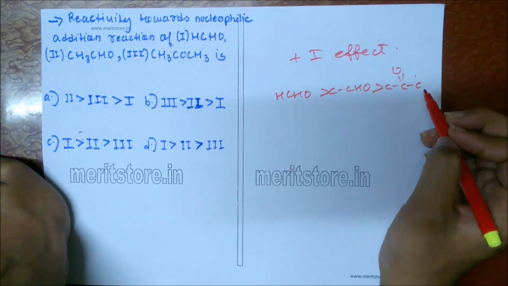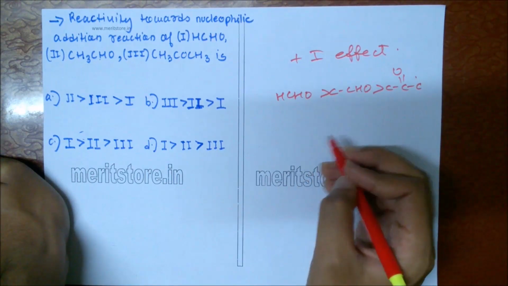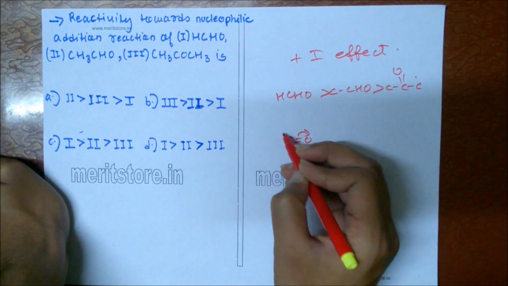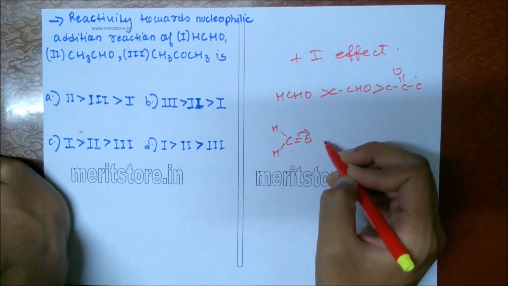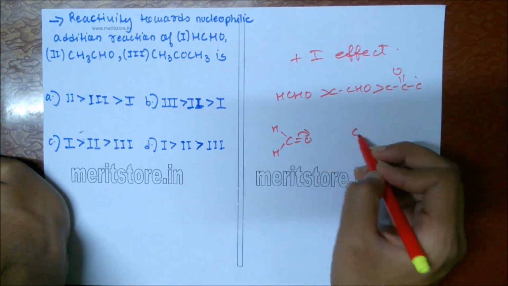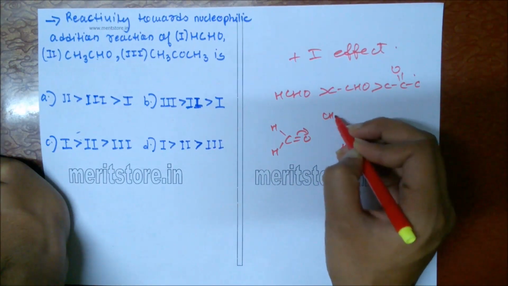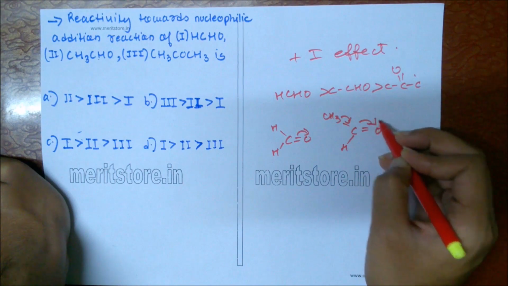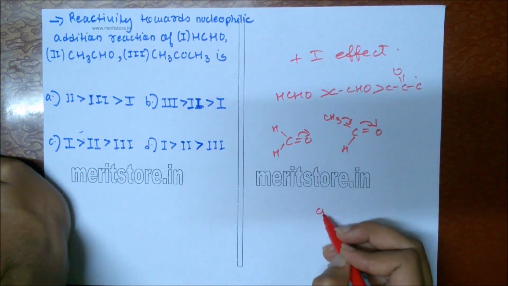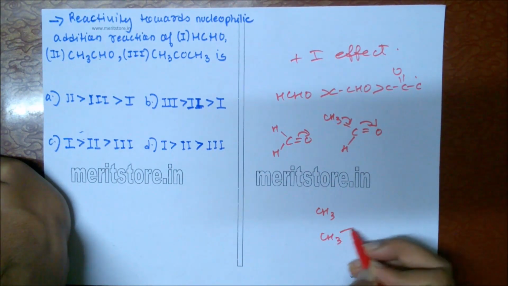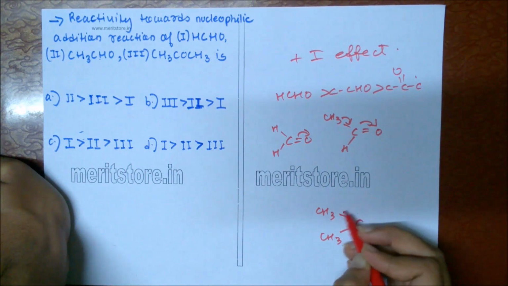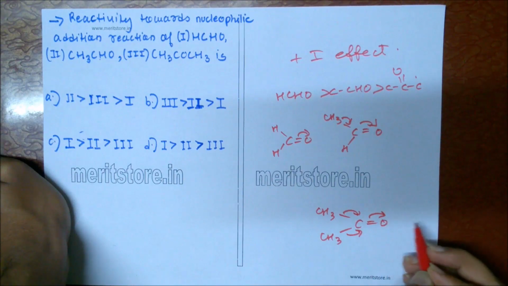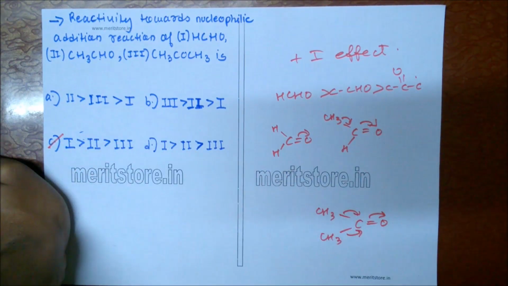The shift of electron will be in the following order. Hydrogen for formaldehyde; for acetaldehyde, plus I effect is seen; and for acetone, because of plus I effect, electron goes backwards in direction. So option C is the correct answer.